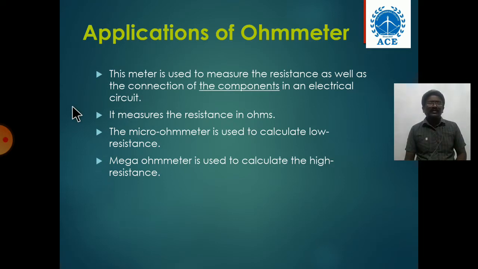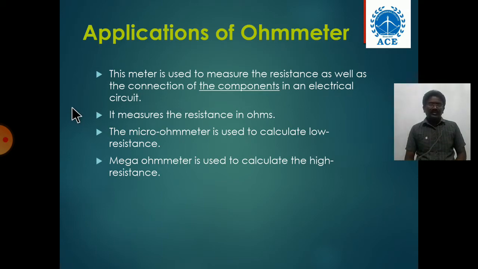So here our target is we have to find our required shunt resistance value and unknown resistance. So now you have to calculate calibration of the shunt type of ohmmeter.